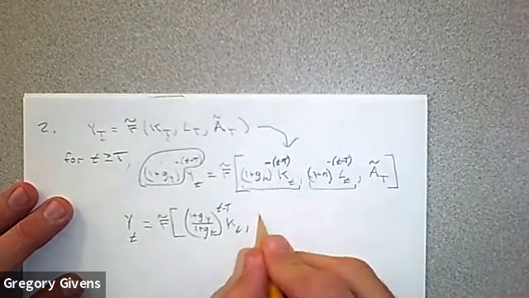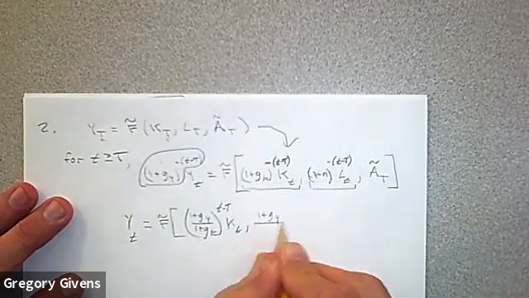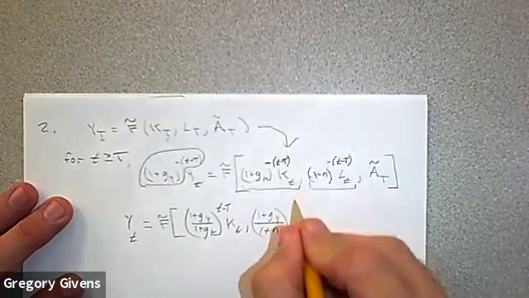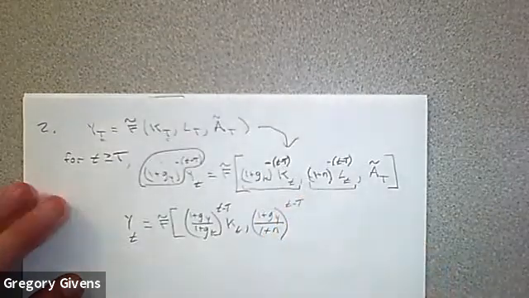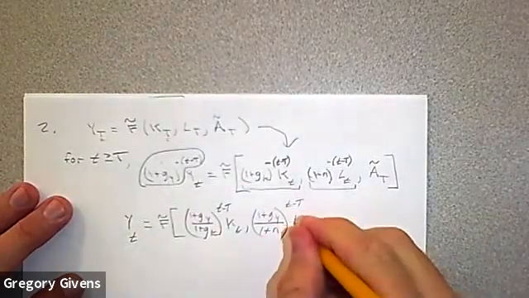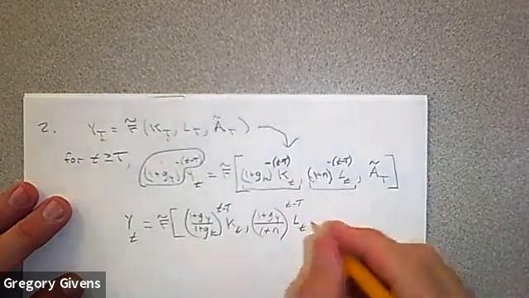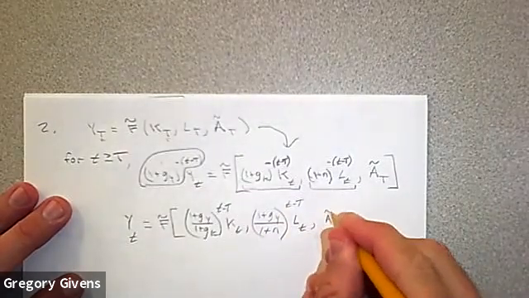And then I've got (1 + gy) over (1 + n) raised to the t minus cap T times l_t. And then we can't forget about the A tilde.